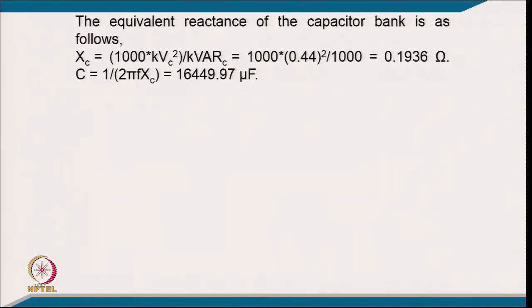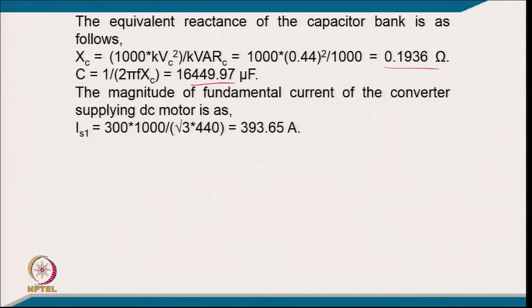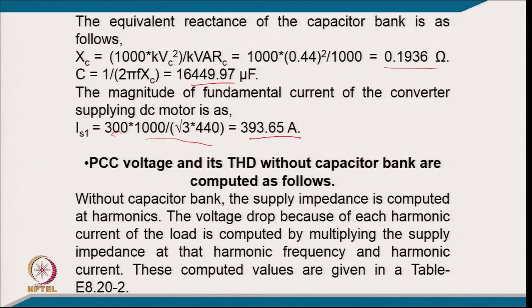Then the equivalent reactance of the capacitor bank from this relation comes 0.936 and the capacitance 116,449.97. The magnitude of the fundamental current of the converter, from the 300 kVA rating, comes 393.65 ampere.